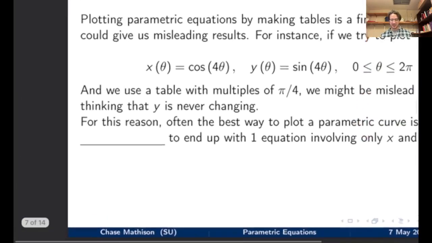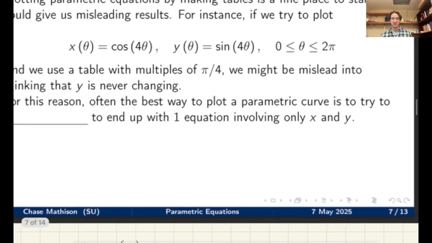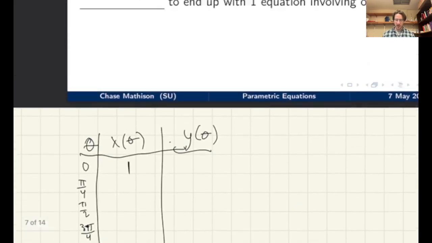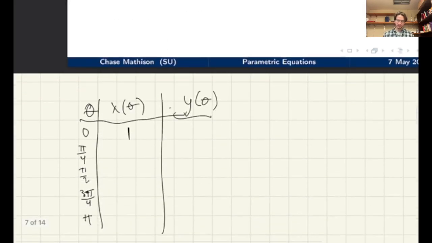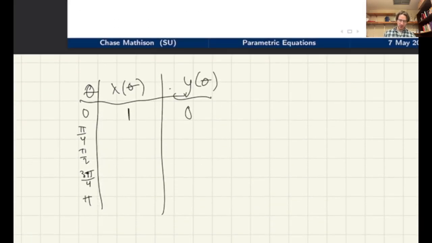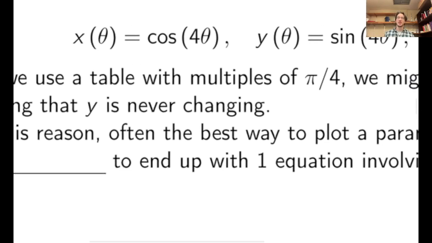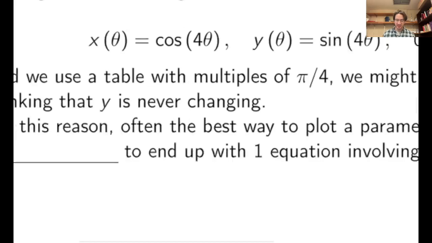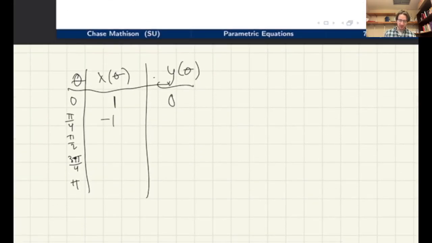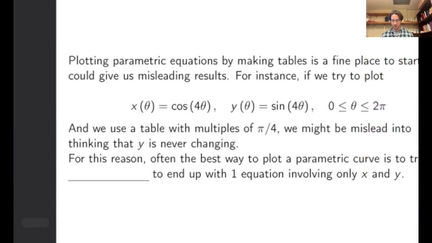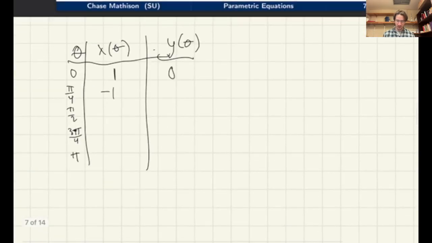So when theta is 0, for x of 0, we get cosine of 0, that's 1. And y of 0, that's sine of 0, is 0. When I plug in theta equals pi over 4, I get cosine of pi, which is negative 1. And then y of pi over 4 gives me sine of pi, which is 0.